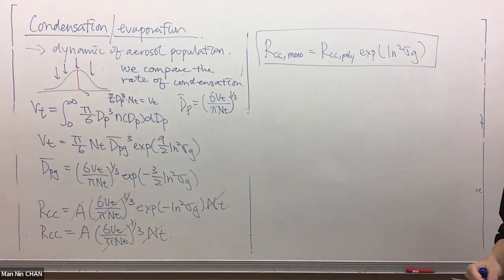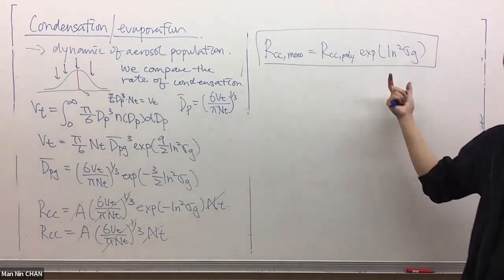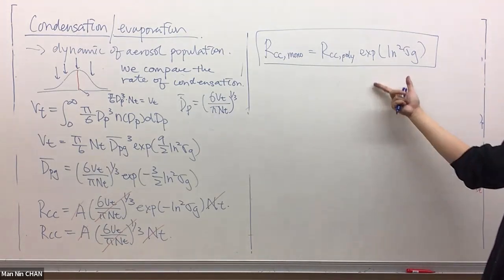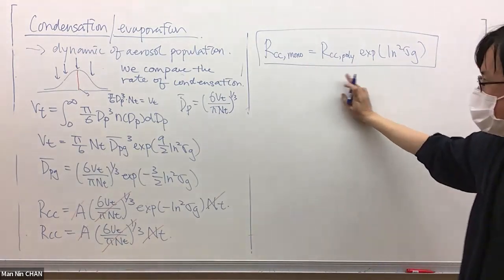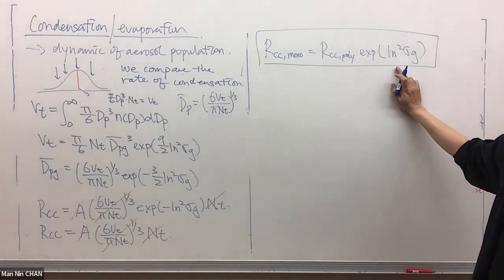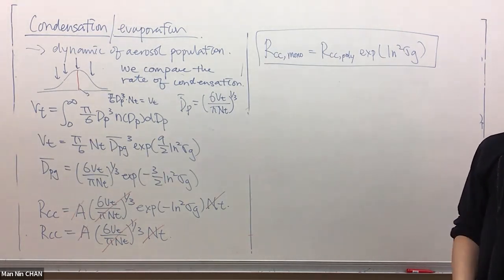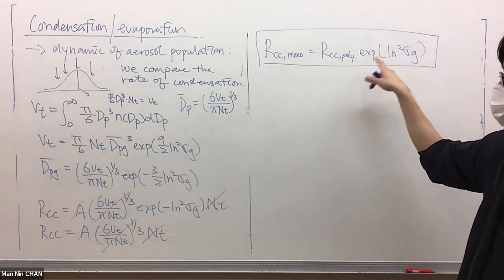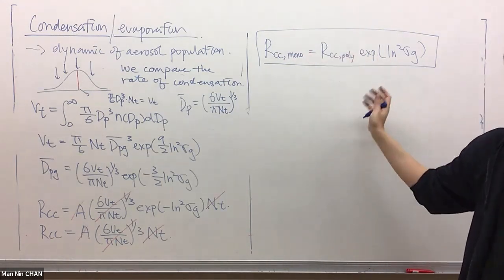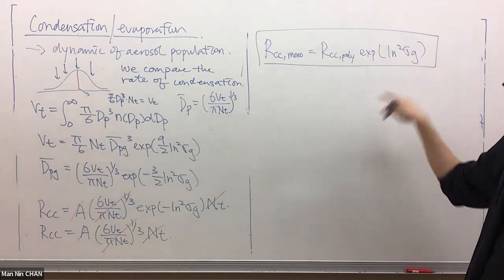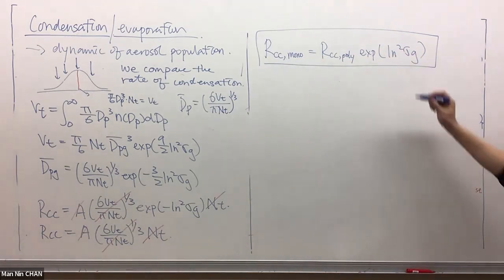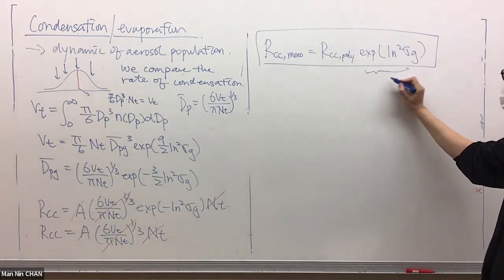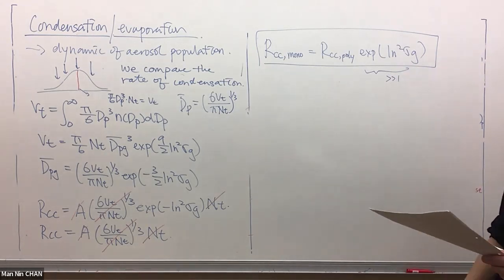Okay. But one thing you can also look at in the equation here is that, of course, if my sigma g is set equal to 1, they are basically the same, because now the right hand side becomes a monodispersed population too. But this term is always larger than 1.